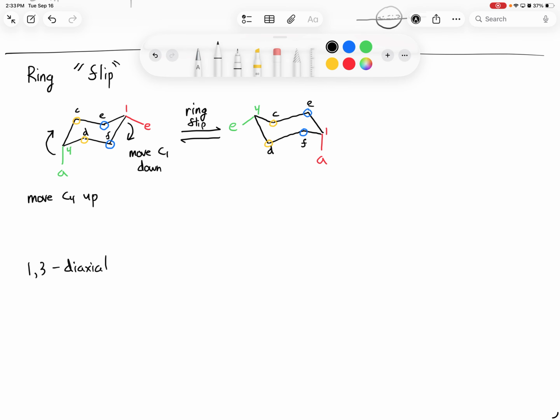So this will be important when we draw rings with two substituents. The easiest thing to do is a 1,4 relationship because they're at the ends. No matter what you do in either chair structure, those substituents will always be at the ends, and they won't look like they migrate to different bends and folds in the structure.